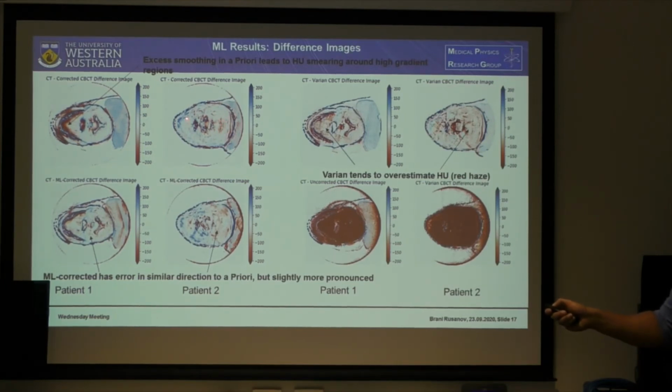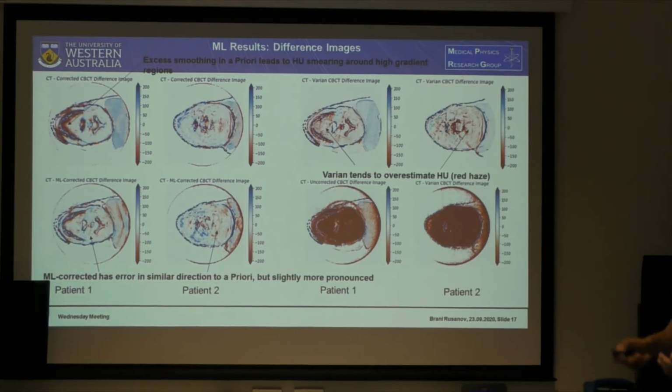There are regions of red and blue, but overall there's a lot of regions of white, especially when you compare it to the variant reconstruction, which has this red haze all over the place, which just means that it's overestimating the HU in general. The machine learning corrected method, on the other hand, does not suffer from the same effect around the bone region.